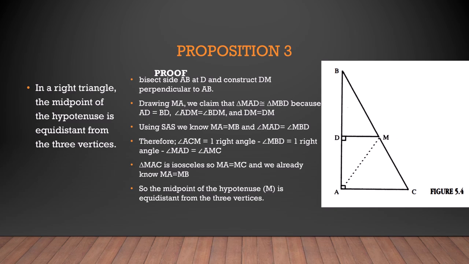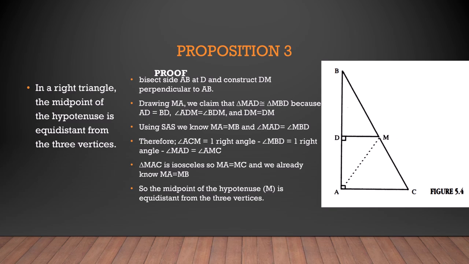To prove that, we use figure 5.4, also from the book. We bisect side AB at point D and construct segment DM perpendicular to segment AB. Drawing segment MA, we claim that triangle MAD is congruent to triangle MBD, because segment AD is equal to segment BD, angle ADM is equal to angle DBM, and segment DM is, of course, equal to DM.